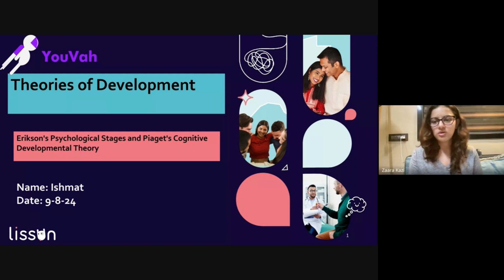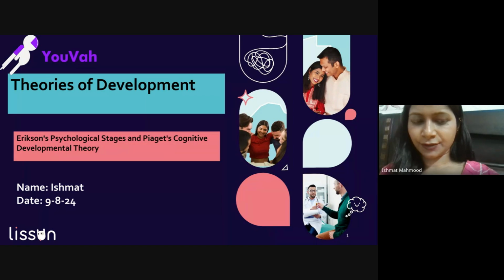Overall, it's about biological maturation happening in clear-cut stages from one stage to another, and every stage has to be fully developed in order for the child to move on to the next stage.